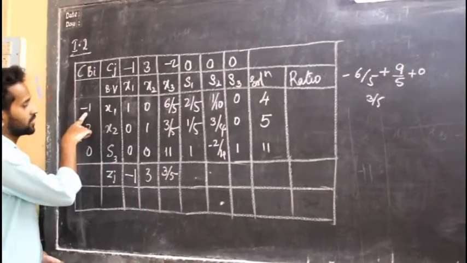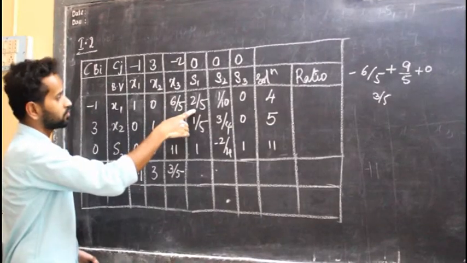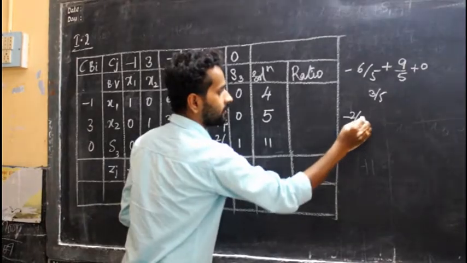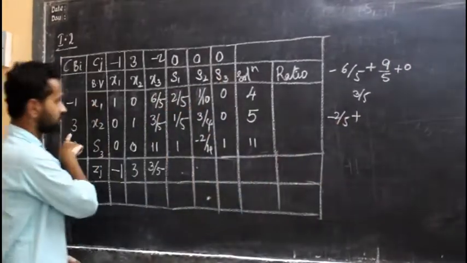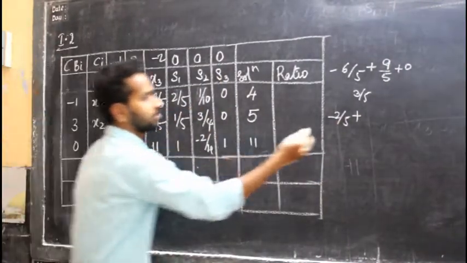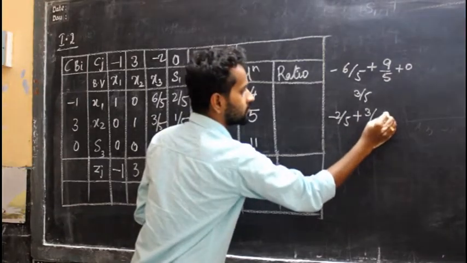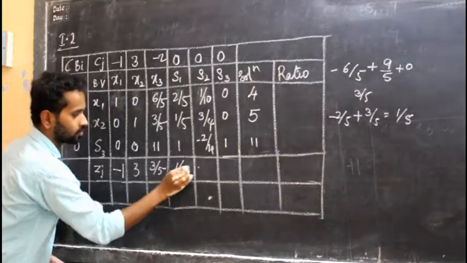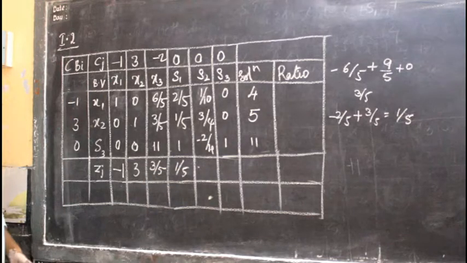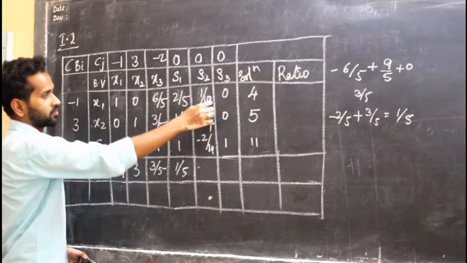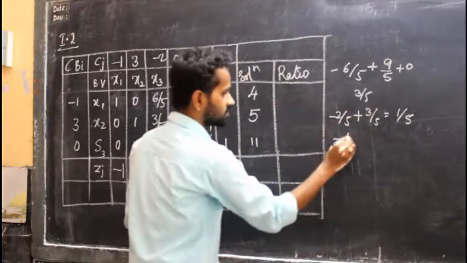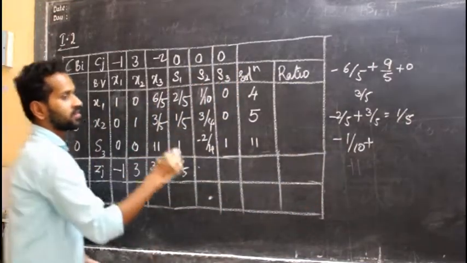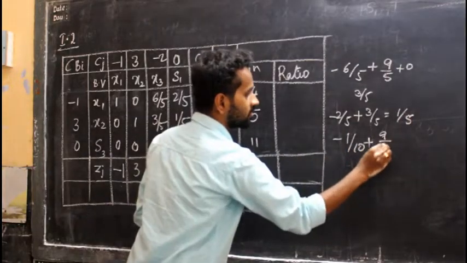Next, minus 1 into 2 by 5, minus 2 by 5, plus 3 into 1 by 5, 3 by 5. Solution will be 1 by 5. I replace here 1 by 5. Now again minus 1 into 0, 1 by 10, this becomes minus 1 by 10, plus 3 into 3 by 4, this becomes 9 by 4.